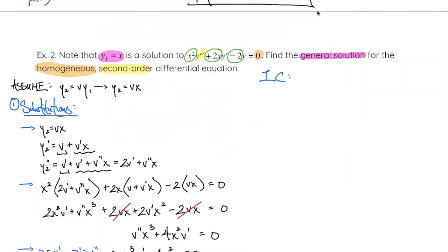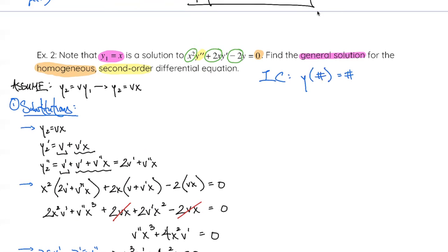Now, this is a question I asked a few weeks ago, but I said, if we have a second order, how many initial conditions might we need? If we have a third order, how many might we need? Turns out it correlates to the degree. And so you're going to get one initial condition that'll be like y of something equals something. Okay.